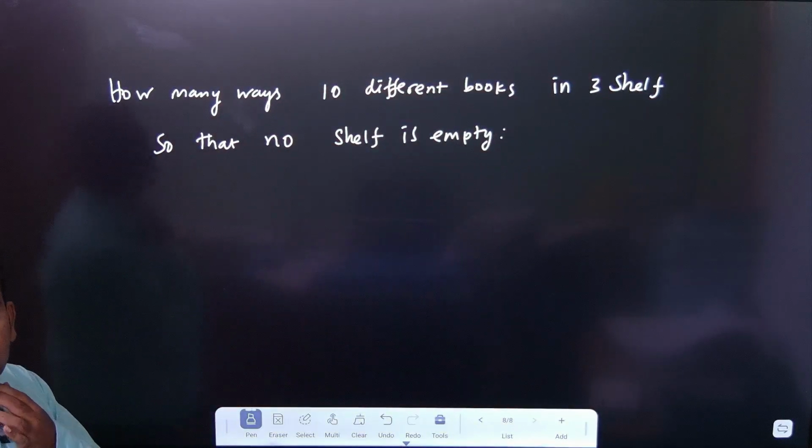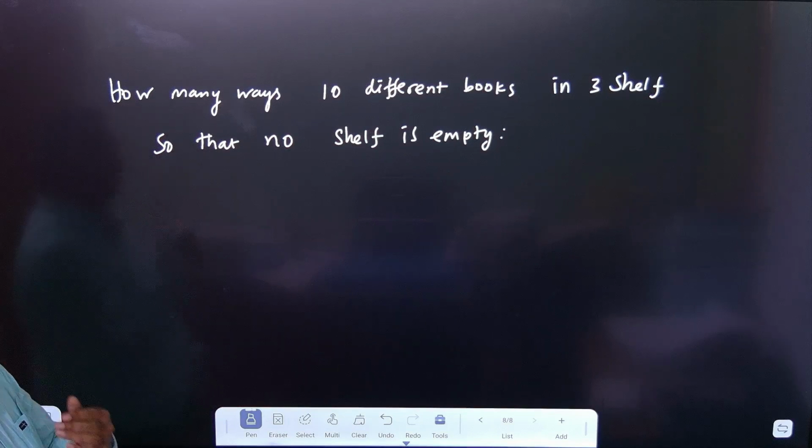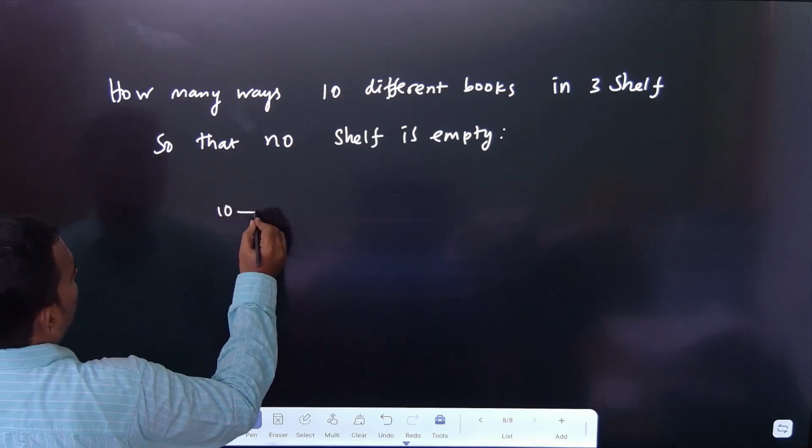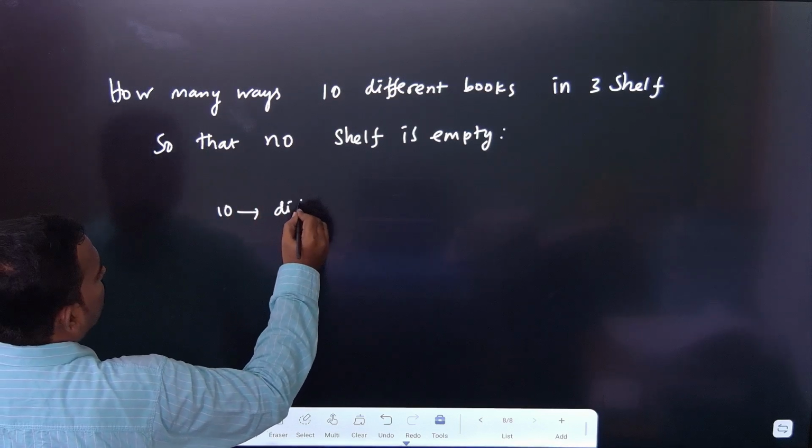Okay, this is your question. You can see how many different books there are. The books are different, 10 different books.